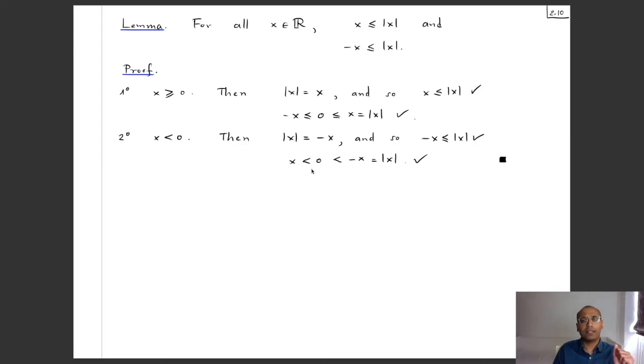And if x is strictly less than 0, then you already have this thing, and moreover, if I bring this x to the other side, I have that minus x is bigger than 0, but minus x is what mod x is in this case, and so you have that x is strictly less than mod x, so you have a strict inequality over here. So in particular it's less than or equal to. So in this case also we have both of these things. So now we are ready to use this again and again.